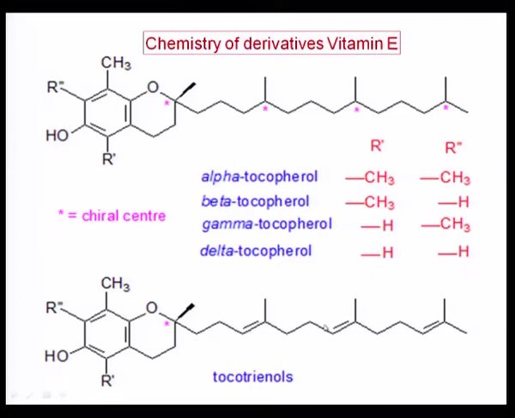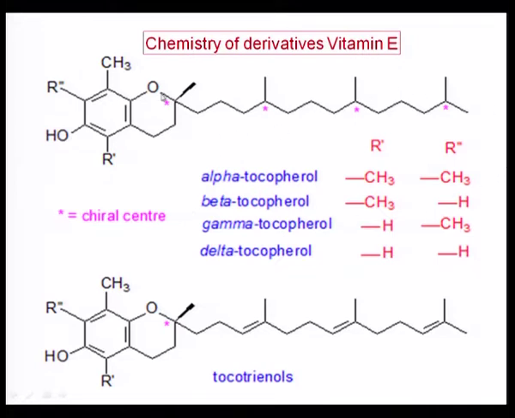These isoprenoid units in the side chain account for the structural difference between tocotrienols and tocopherol.